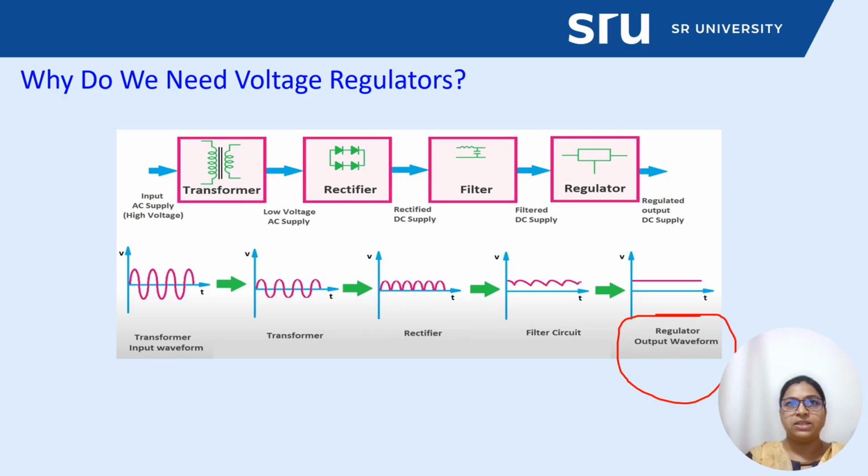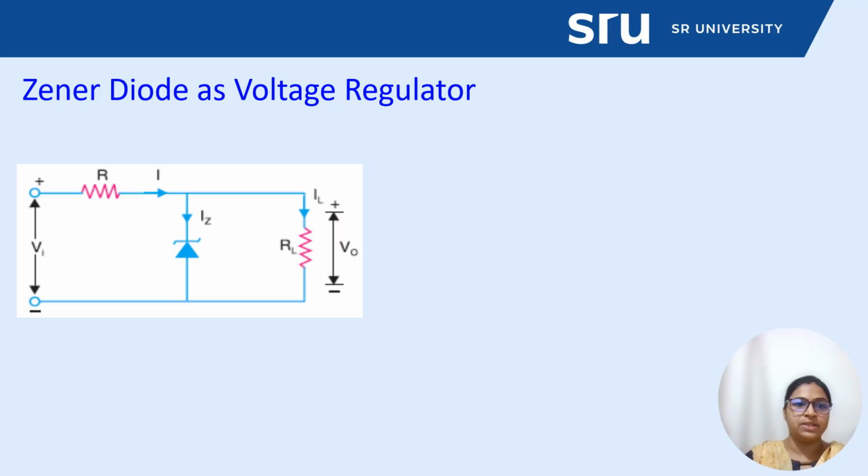Now we'll see the Zener diode as a voltage regulator and how it works. This is a very simple circuit: this is the Zener diode, connected with an input resistance, here is our Vin, the input voltage, and we get the output here, connected with load RL.